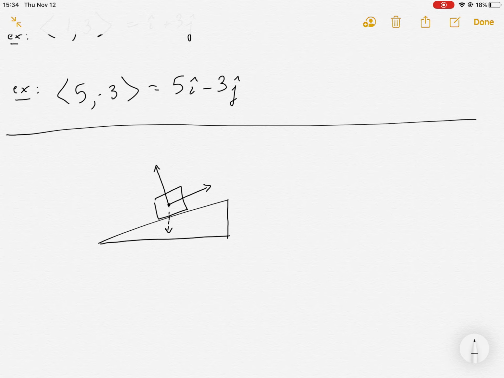But what you might notice here is we might want our x and y axis to actually be these instead, F1 and F2.